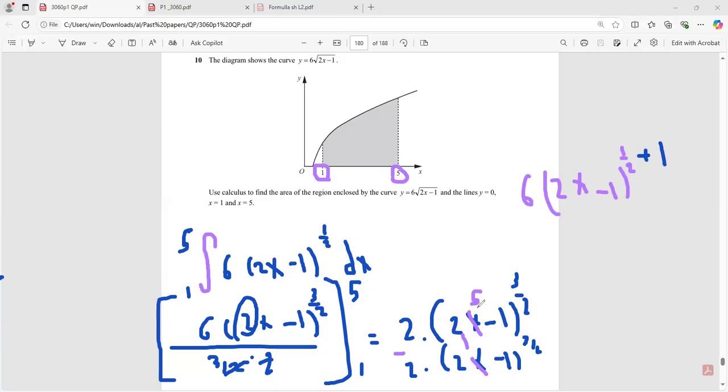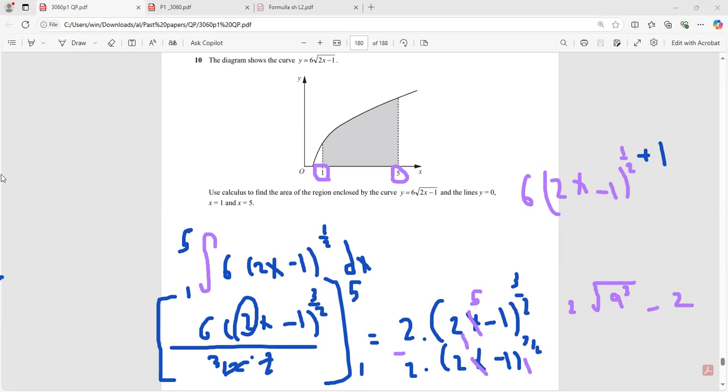So 2 times 5, which is 10, minus 1, which is 9, all to the power 3, multiplied by 2, minus 2 multiplied by (2 times 1 minus 1), which is 2, because 1 to the power anything is the same.